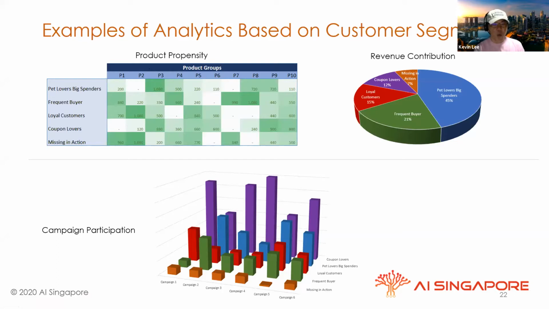There are algorithms that you can use to generate this type of chart, and you will see that, hey, if I were to target the big spenders, let me make sure that I put in more P3, the third product group, to them, and some others will be less attractive to this cluster of customers.